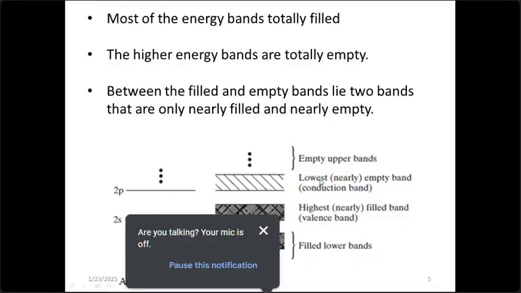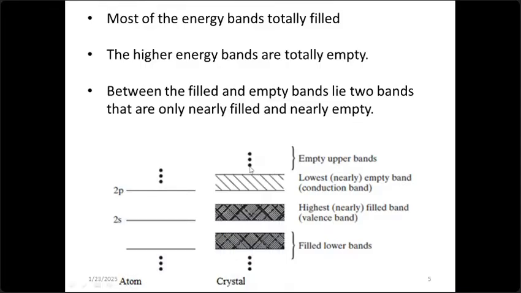Now, the conduction band is where electrons which can conduct are sitting. Again, we have those many bands and we can form them. This conduction band, we also call the lowest nearly empty band.